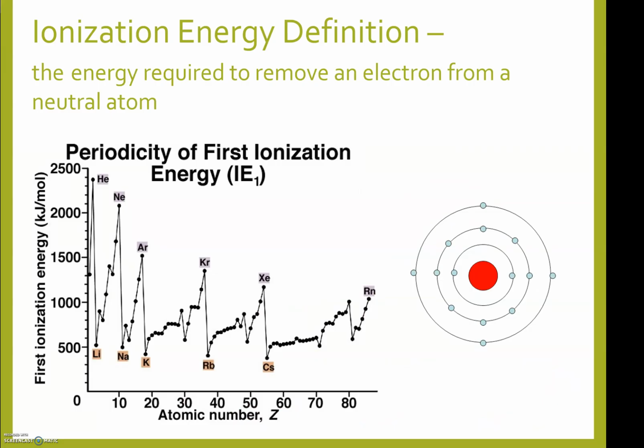Let's go to another trend, ionization energy. Ionization energy means the energy that's needed to remove an electron from a neutral atom. The energy that's required to strip away an electron. Look at the picture here over on the right of this Bohr atom. It has 2 electrons on the first energy level, here and here.